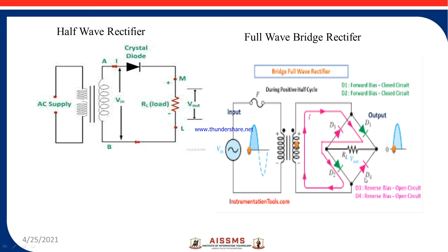So the current now flows through D4, then RL, then D3 and the negative potential at this point. This is the working of the full wave bridge rectifier, and during this cycle we get the next positive half at the output, because D3 and D4 are on this time.